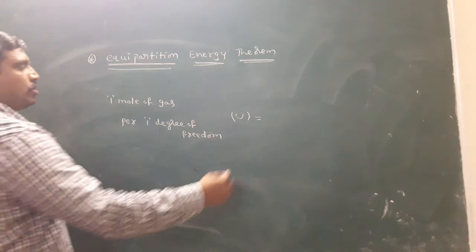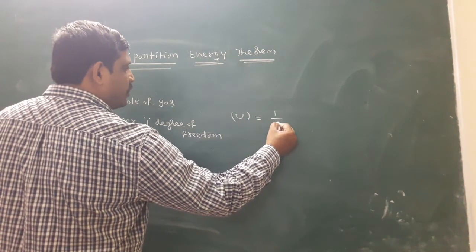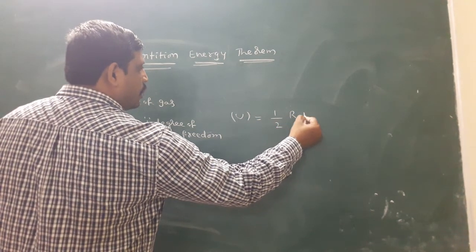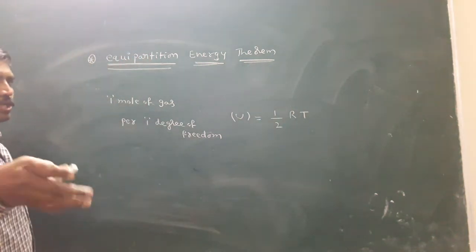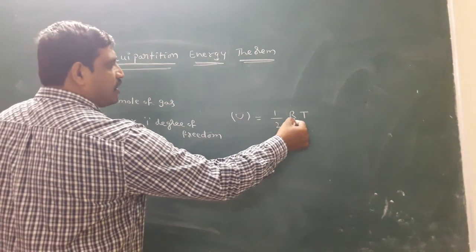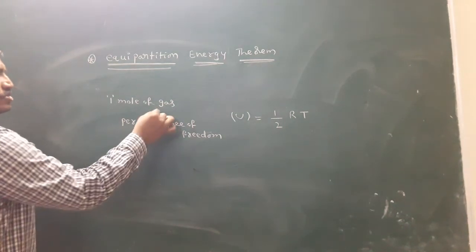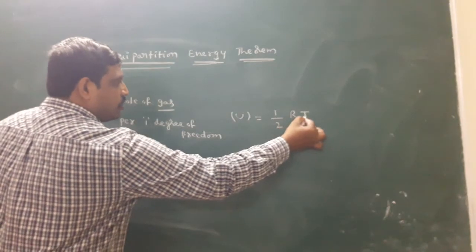The energy for 1 mole of gas is RT. For a molecule it is given as kT, for a gas it is given as RT.